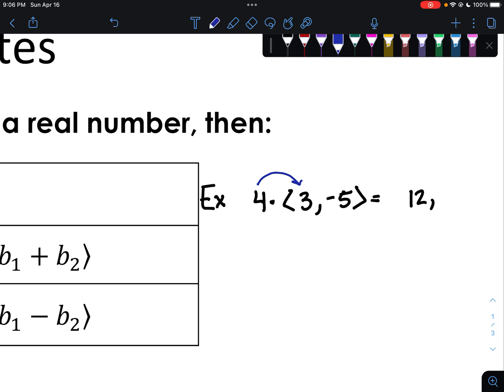And then we distribute that 4 to the -5, which is -20. And that would be our new vector that has been multiplied by 4.